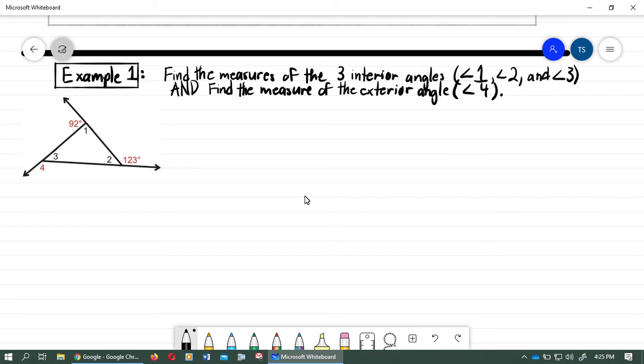And find the measure of the exterior angle, and of course they're talking about angle 4. So they want us to find the measure of all of those numbered angles.